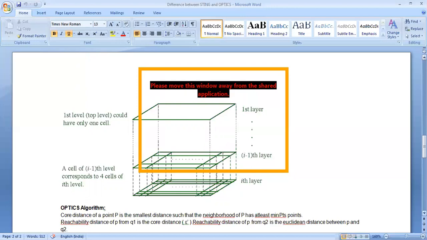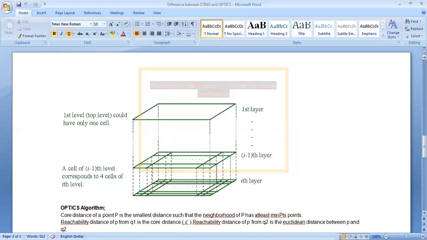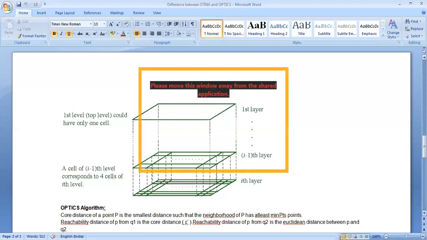So this is a grid-based technique, and it maintains a hierarchy between different layers. At the upper layer we find a relevant cell, then we go to the lower level, and if we find a relevant cell there, we move to the next lower level and finally to the particular data value point.